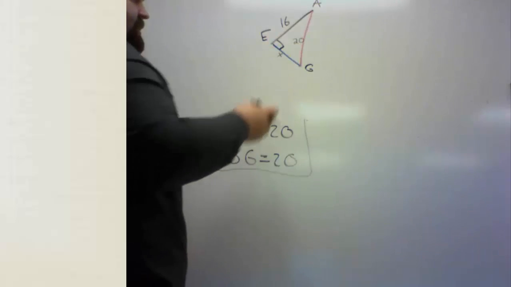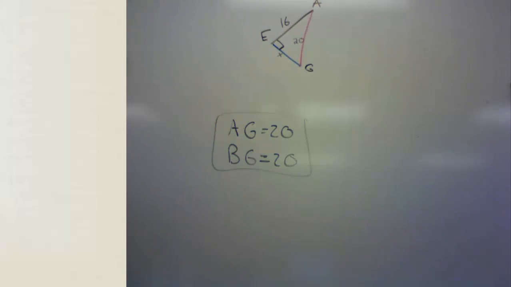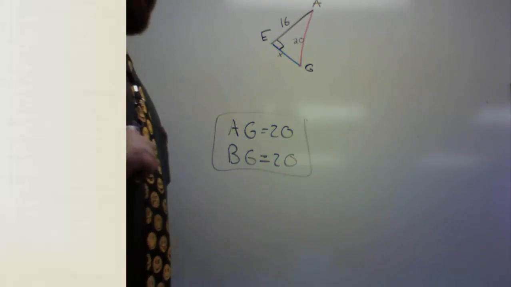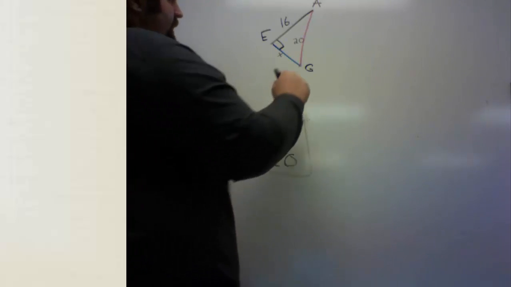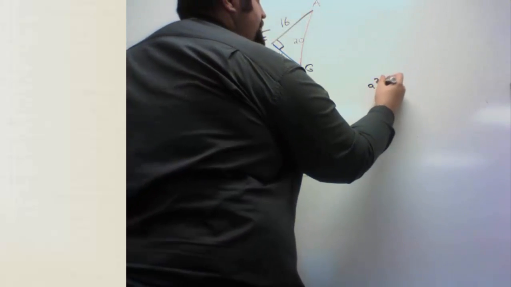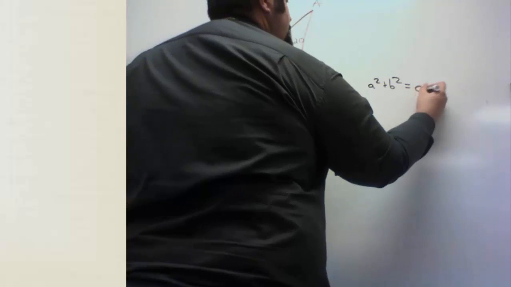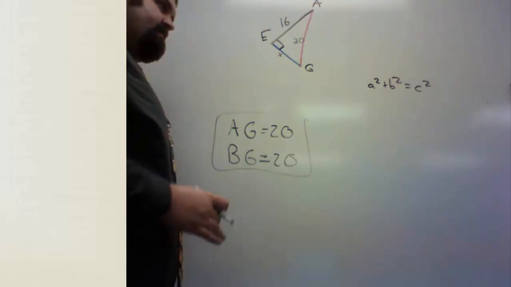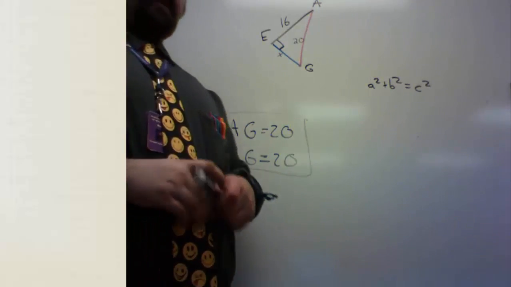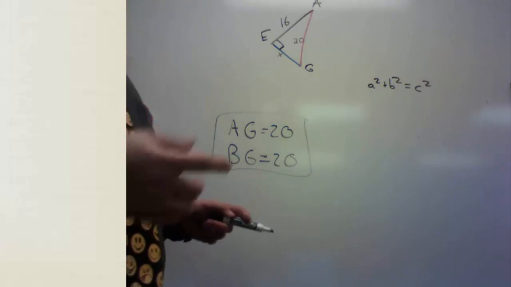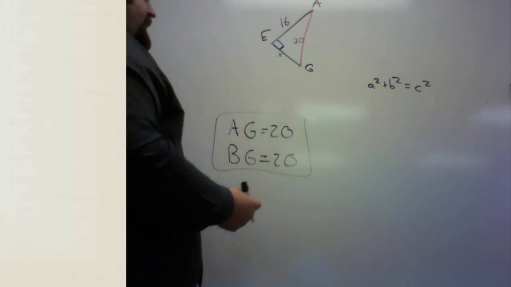And I look, it's a right triangle. I'm looking for the third length of a right triangle. A squared plus B squared equals C squared. This is the Pythagorean theorem. It's officially introduced, I believe, in chapter 7. You should know it from last year, but let's use it anyway.